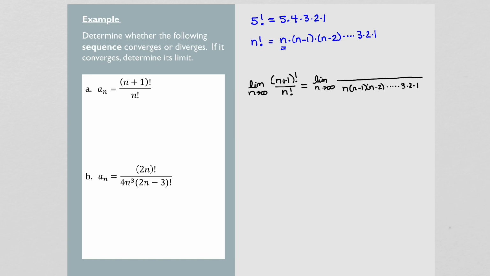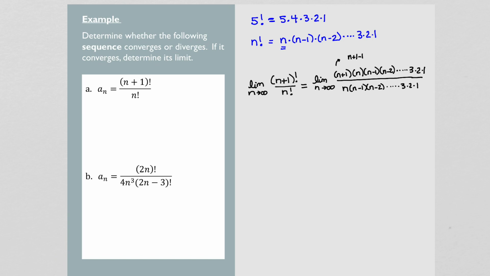How can we rewrite n plus 1 factorial? N plus 1 factorial starts with n plus 1, and then it goes 1 less. What's 1 less than n plus 1? Well, n plus 1 minus 1, or just n. Then 1 less than n is n minus 1, and 1 less than that is n minus 2, and we go all the way down to 3, 2, 1.